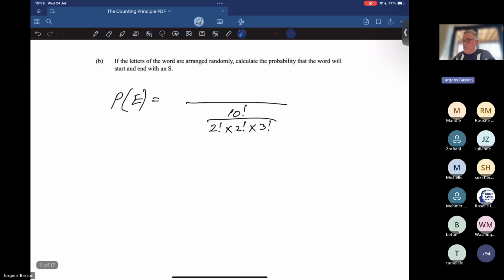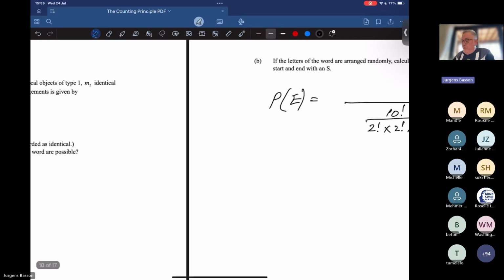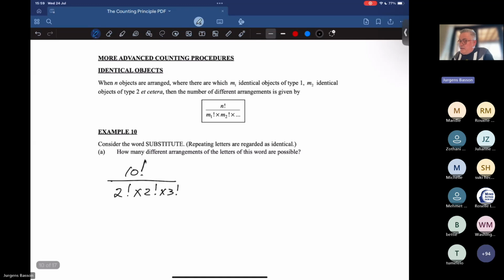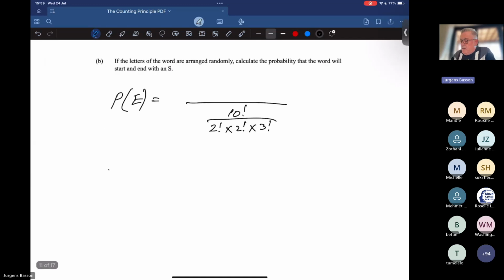So what will we do? If I just quickly want to draw the lines for substitute, then it's 1, 2, 3, 4, 5, 6, 7, 8, 9, 10.